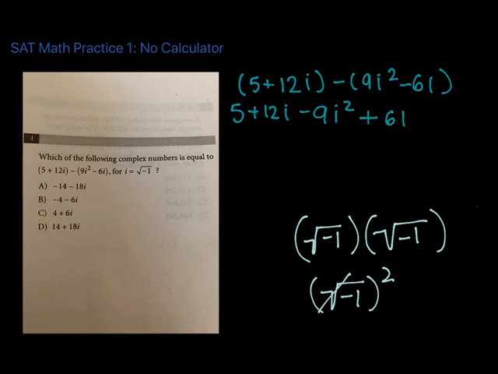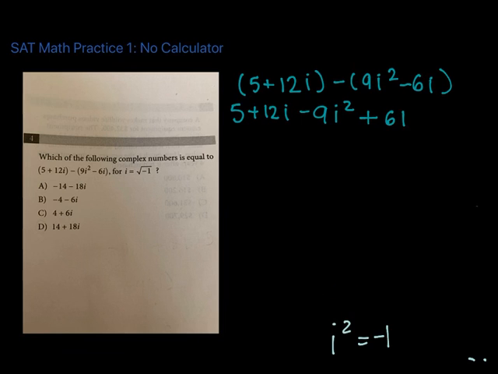So the square root and the square would just cancel out. So i squared would just be -1. Check out my other video about imaginary numbers for more information. So anyways, back to the problem. Here we have -9i squared, so for i squared, we can just plug in -1.